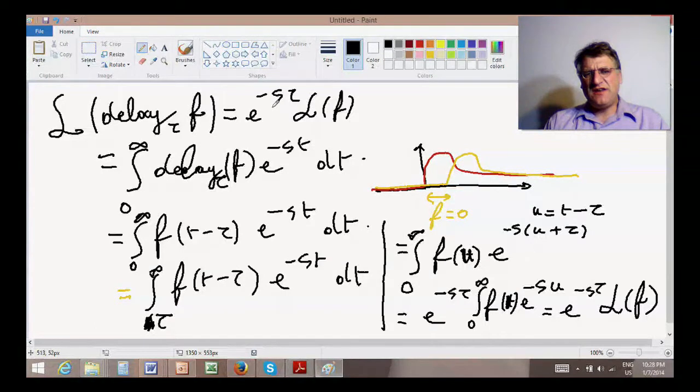Now, I said s is in the frequency domain. Well, so e to the minus s tau, when we compute this exponential, we assume that this quantity here, s times tau, is non-dimensional.